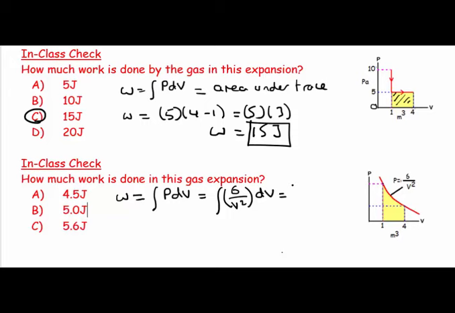And this equals, let's do one more step just to show it. This is going to be the integral of 6V to the minus 2 dV. So the work done equals 6V to the minus 1 over minus 1. We increase the power and put it in the denominator.